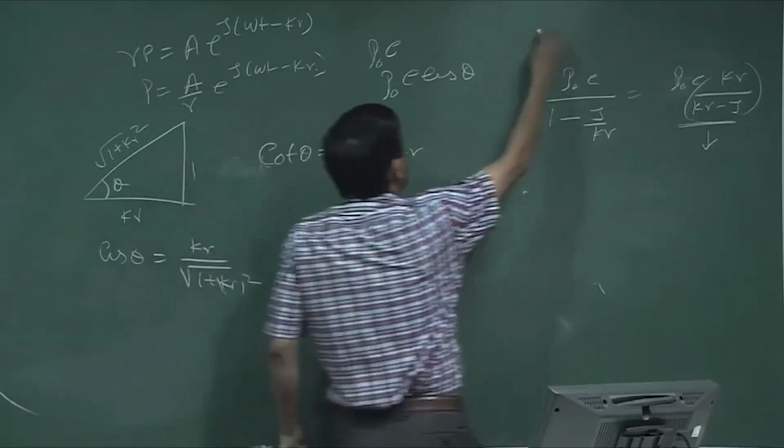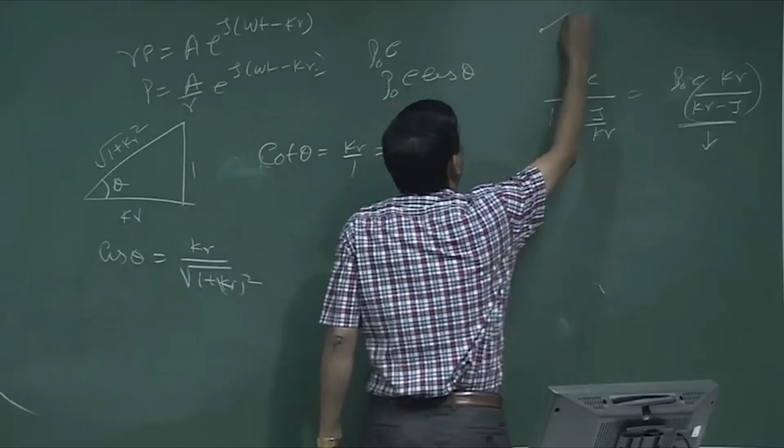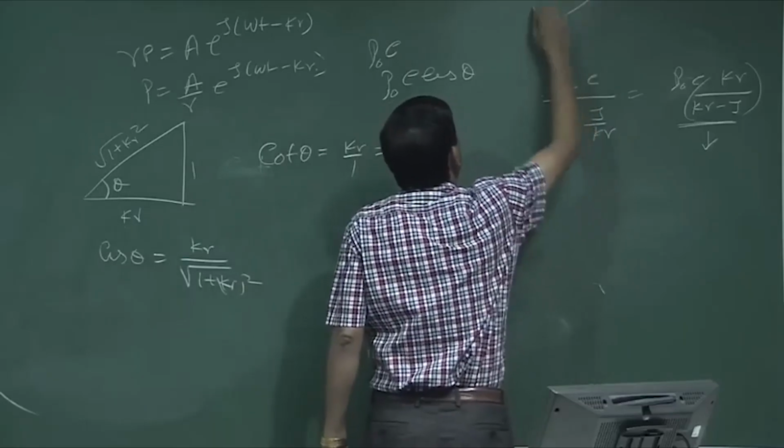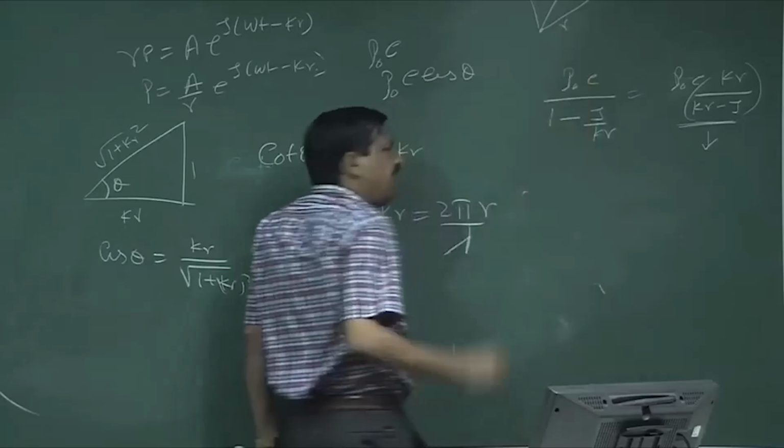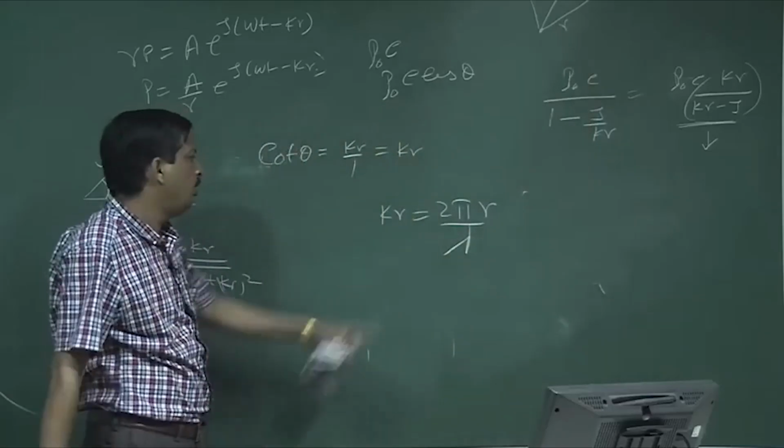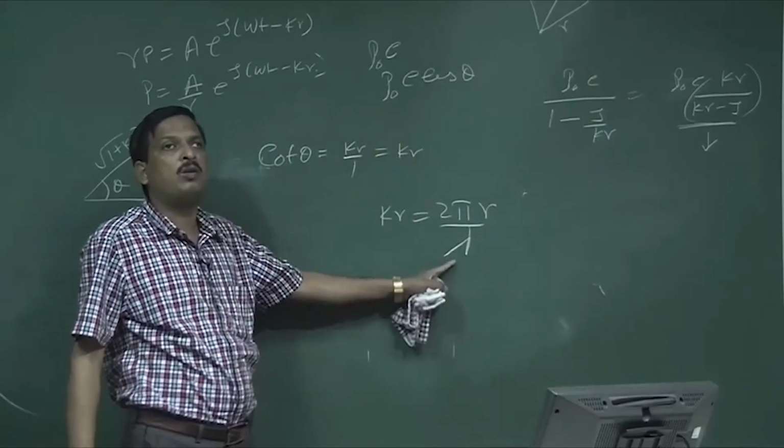Now, let us say the spherical wave is started here and going this way. If this r is very small compared to this lambda, what will happen?